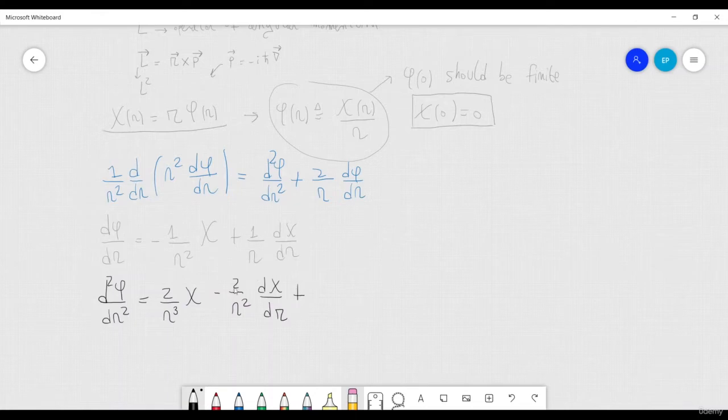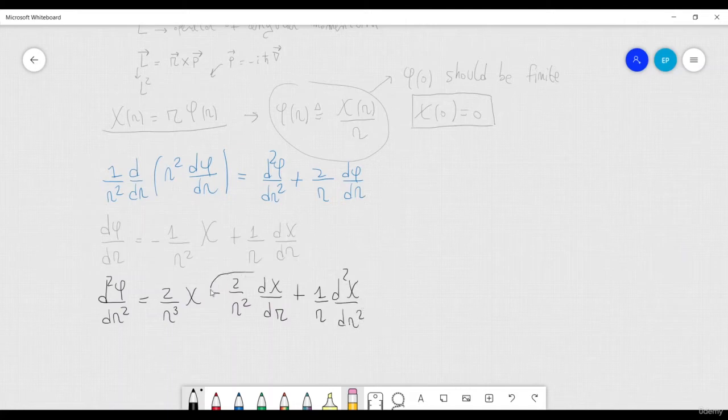plus, now I have skipped some steps here, some algebra. It's not very difficult. It's actually very easy to do if you know how to take derivatives. I'm just going to give you the result. It's kind of straightforward to calculate. Plus 1 over r d squared chi over dr squared.